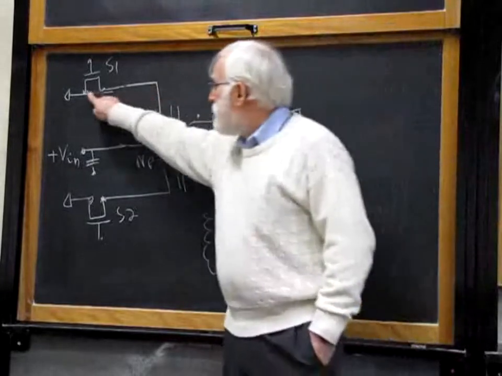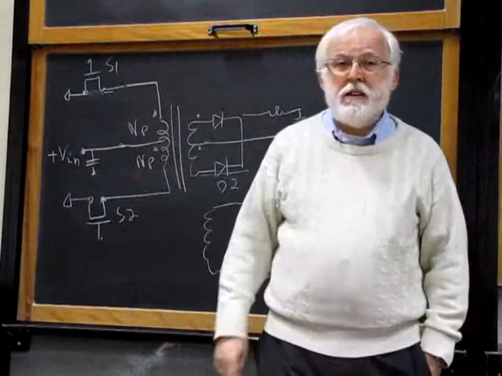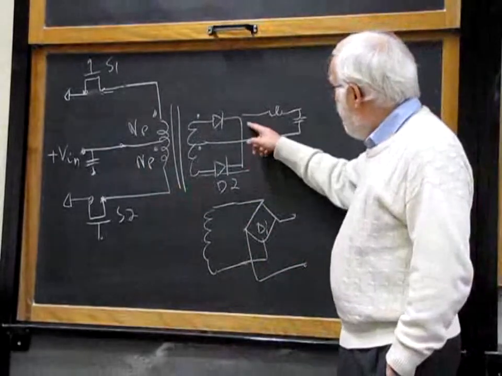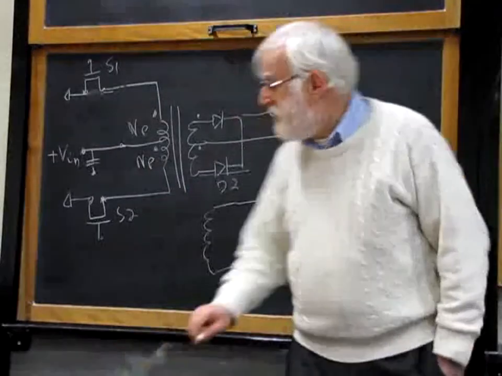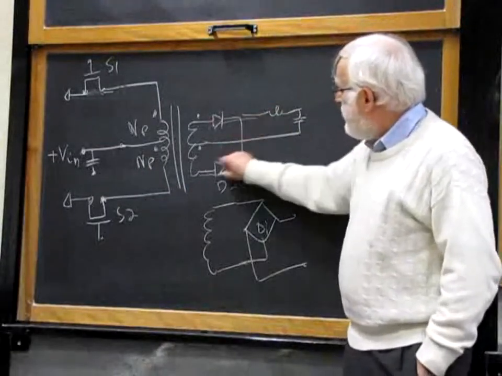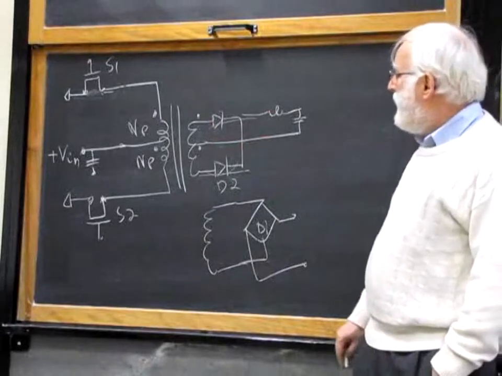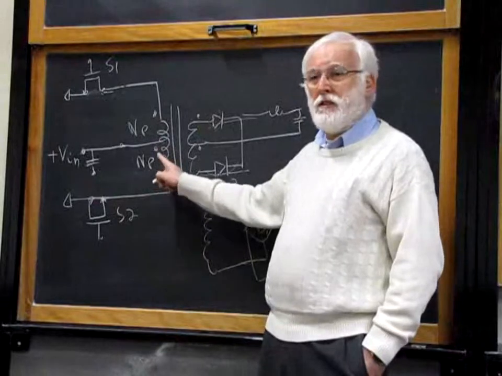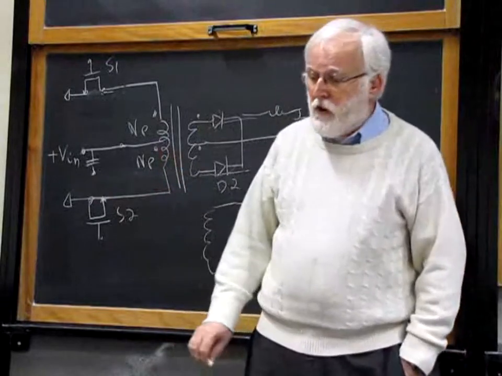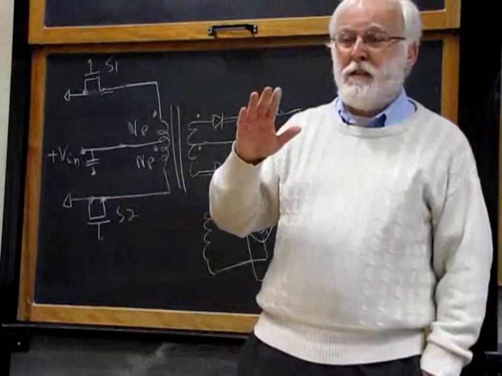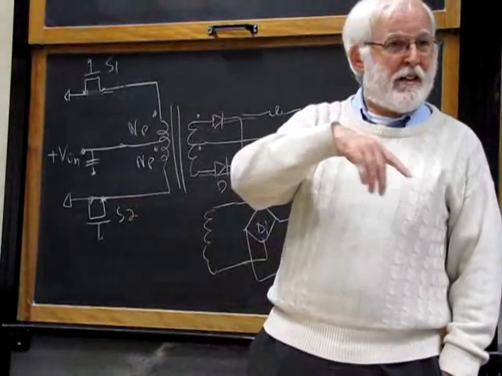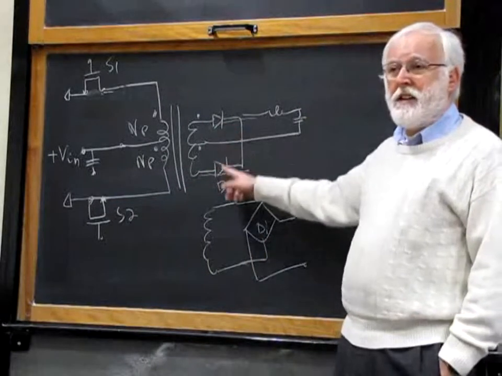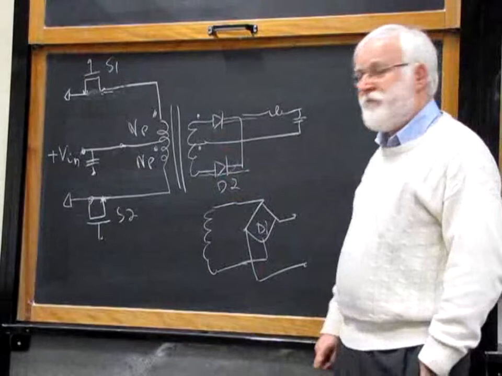Then we open S1, not driving the primary winding. The primary winding is open. There will be the T off time. Current will recirculate through the two diodes. Then we close S2, and when we close S2, we apply the positive on the dot. So the magnetic flux inside the transformer that was climbing in the previous cycle will start to decrease. And the standard story: when we close S2, there will be the first diode conducting, the second diode is off.